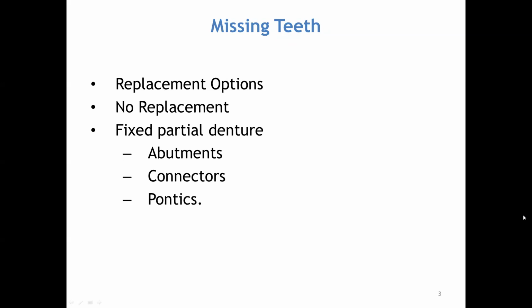So let's take a look at some of the different replacement options. I apologize. A patient can have one tooth missing, multiple teeth missing, or all the teeth missing. And it's up to us to inform the patient of the replacement options. Sometimes they can get away without having anything replaced. A lot of people do.